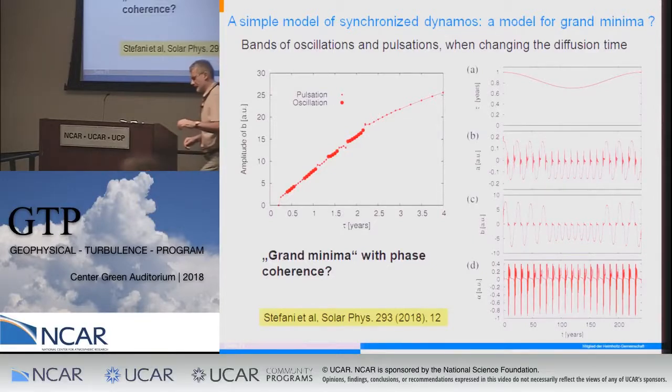Any other questions? So some stellar observations show a relationship between stellar cycle periods and the rotation period of the star. That wouldn't jive with any explanation based on planetary orbits. What do you have to say about that? We were looking a little bit into the data.